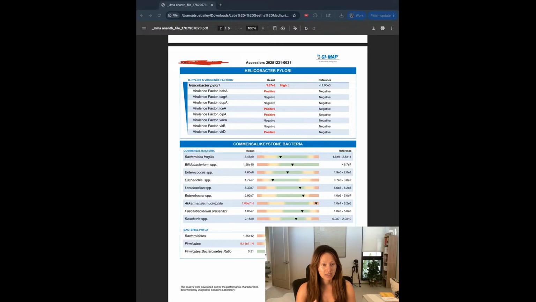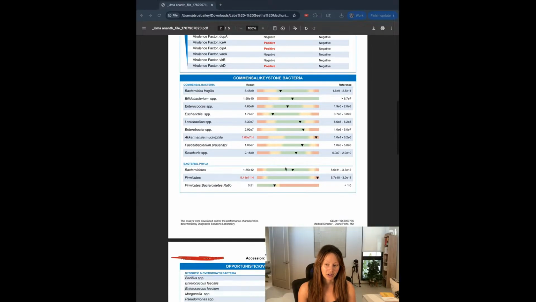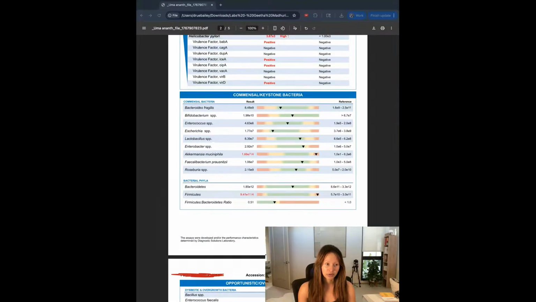So those are already some of our red flags that we're experiencing, of course, specifically tied to this gastrointestinal test. And also, of course, the bloating and the digestive discomfort. She's also waking up in the middle of the night. And we're going to take a look at the rest of this test here as we start to go through it.